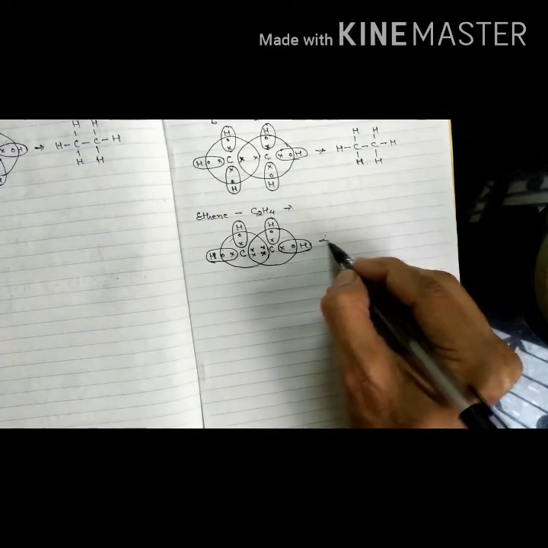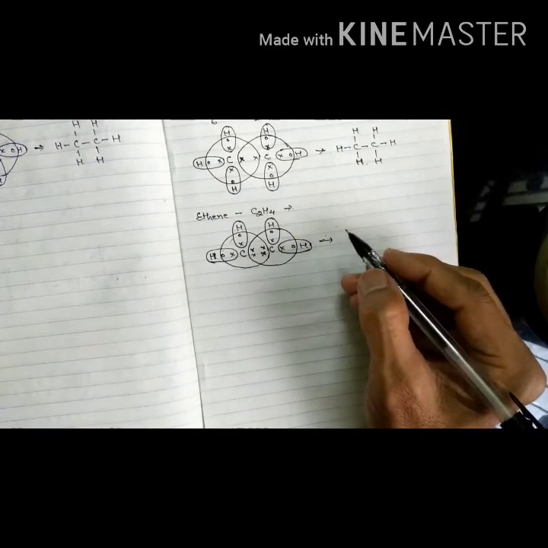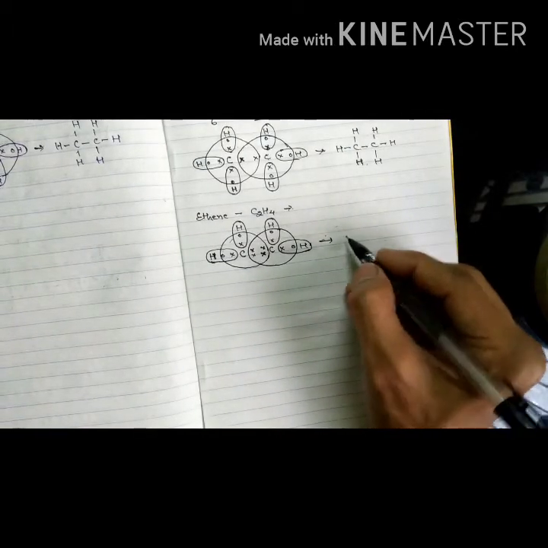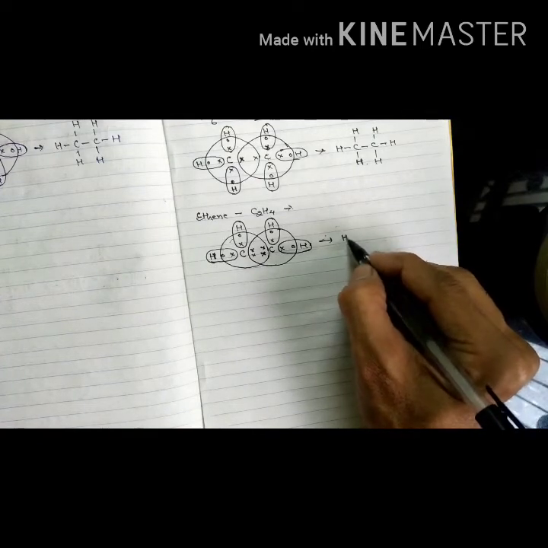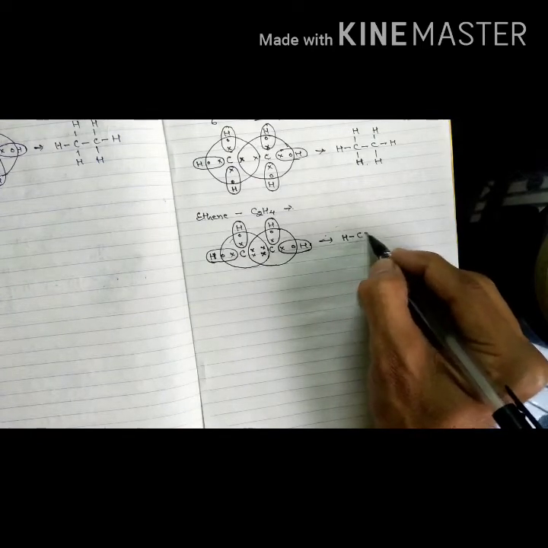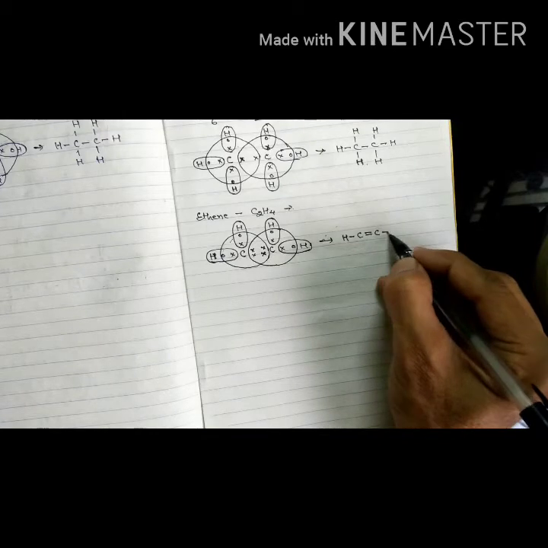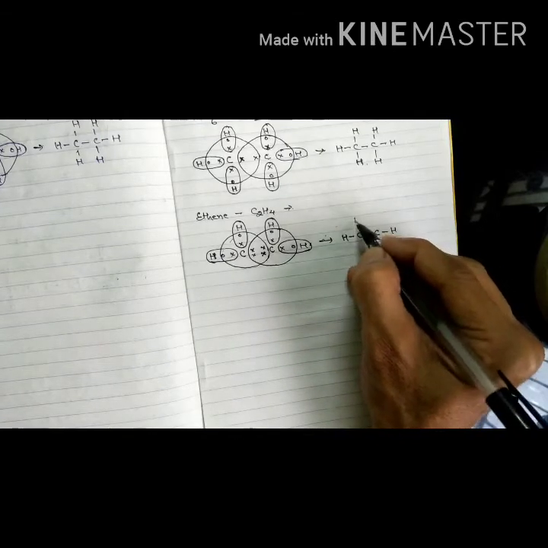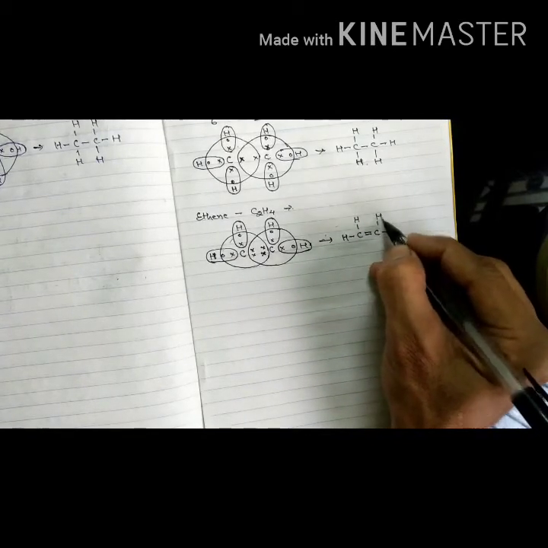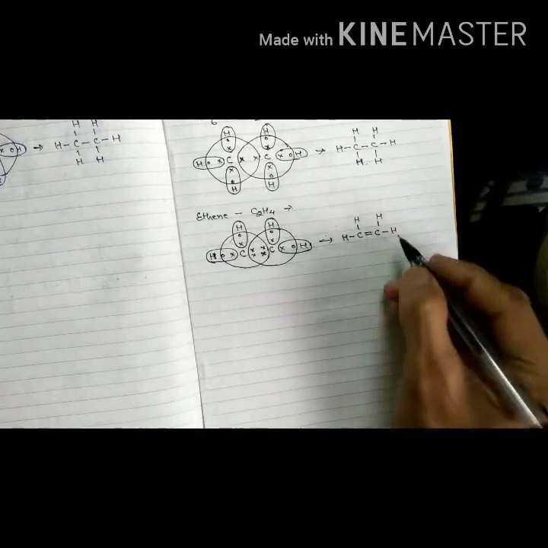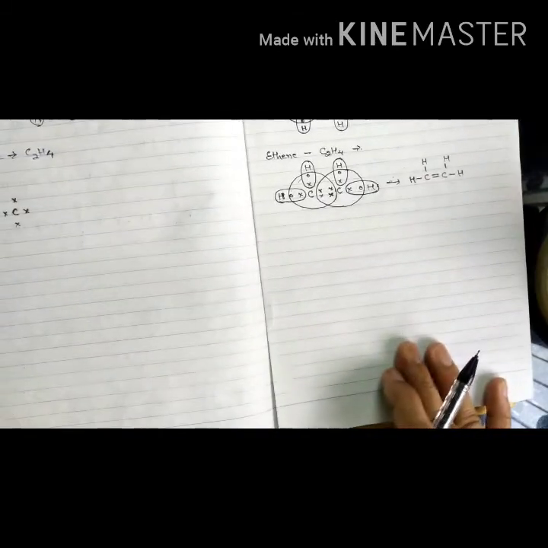Since there is a sharing of 2 electrons between carbon, so there will exist double bond between carbon while single bond between hydrogen. This is the ethene.